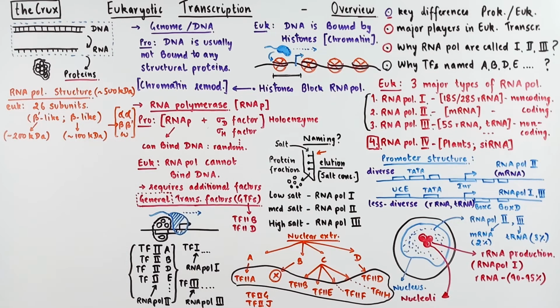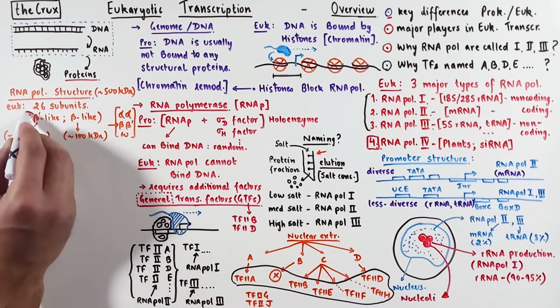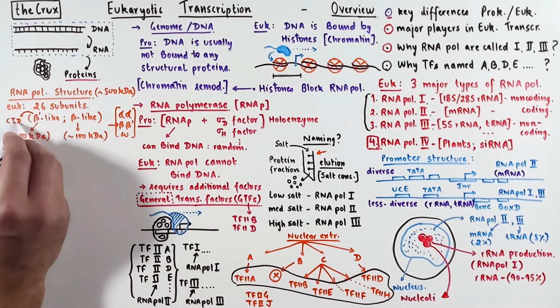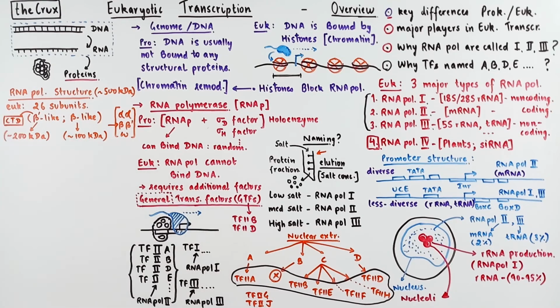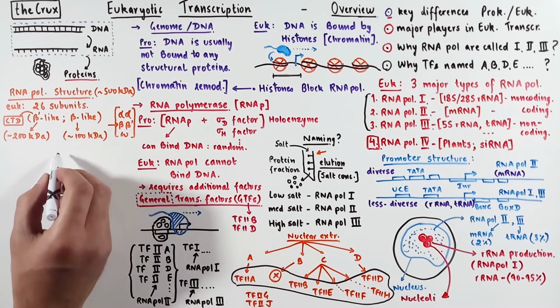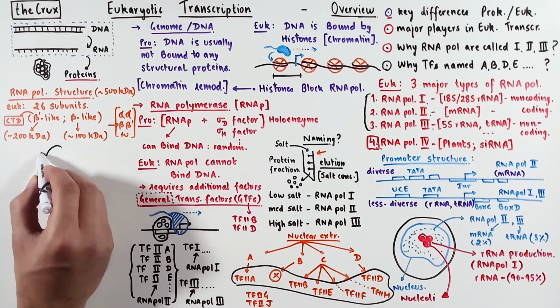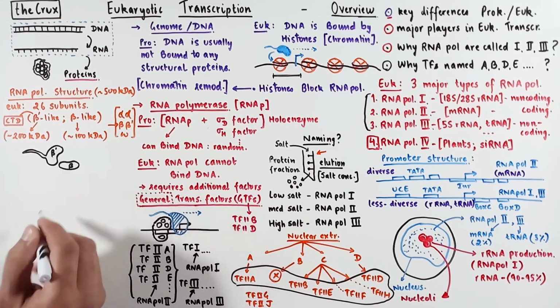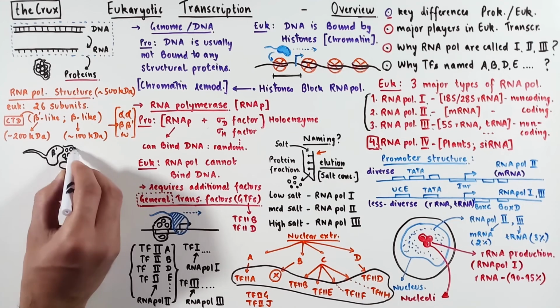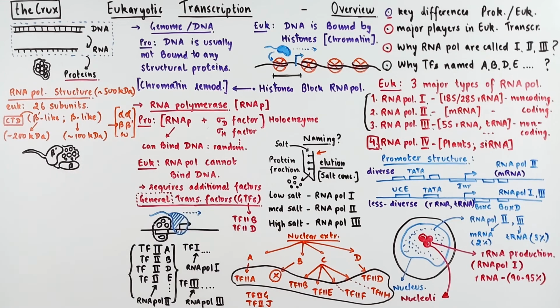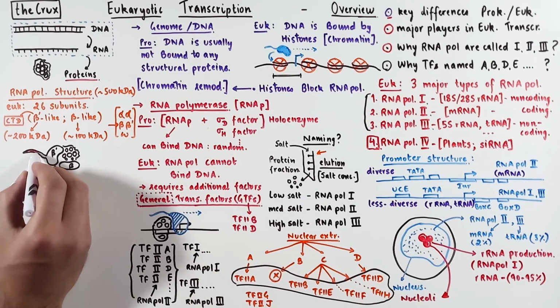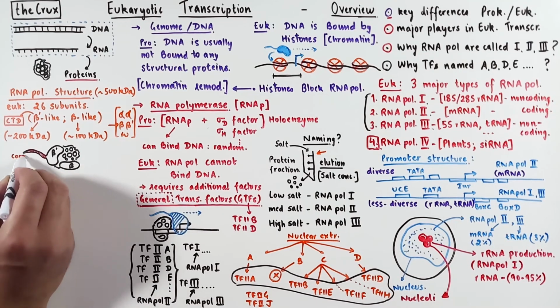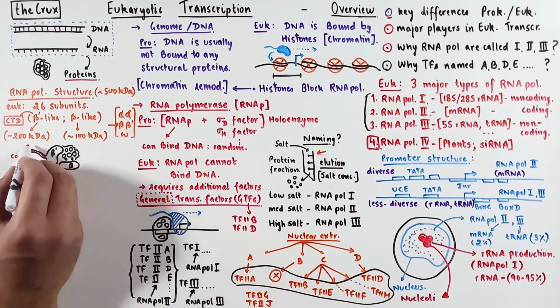Importantly, the beta prime-like subunit in eukaryotes contains an important part of the RNA polymerase structure, called the C-terminal domain. So if we draw out the eukaryotic RNA polymerase, you will have the beta prime-like subunit and the beta-like subunit as the biggest ones, and the tail of the beta prime-like subunit is the C-terminal domain, which is a repeating structure of 7 amino acids.